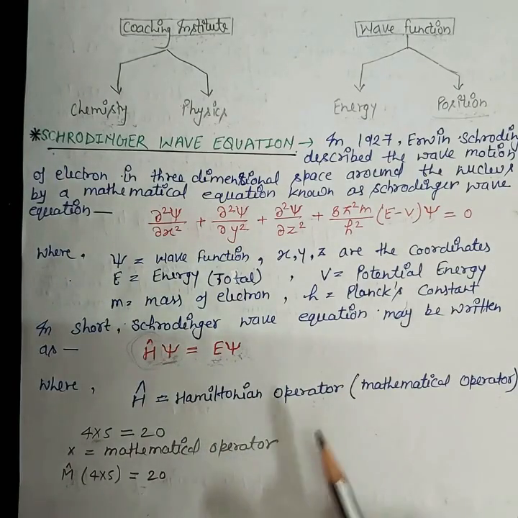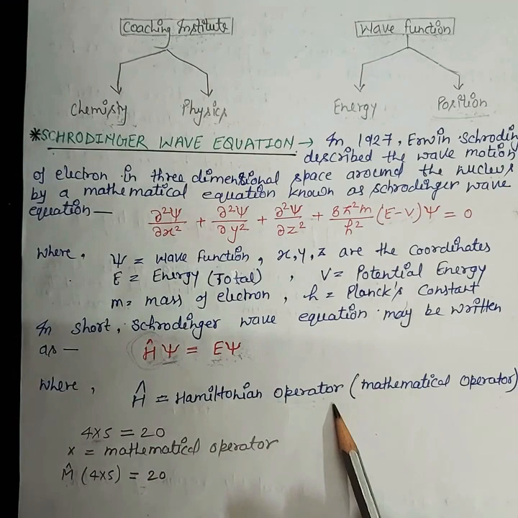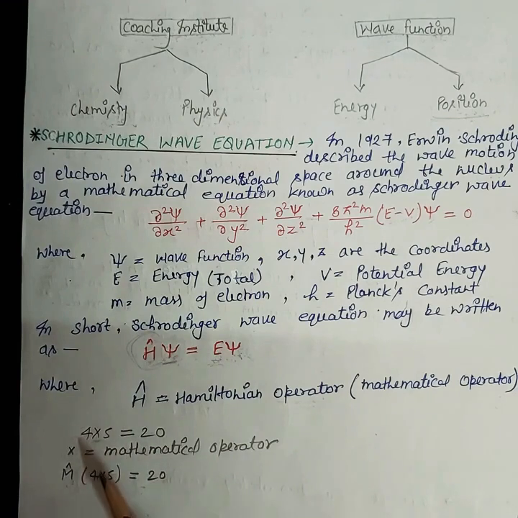Now I have used the word operator or operation many times, so let's discuss what is an operator or operation. Suppose we have the equation 4 into 5 equals 20. In this equation, the cross sign shows the multiplication operator. This expression can be expressed as M cap 4 into 5 equals 20.